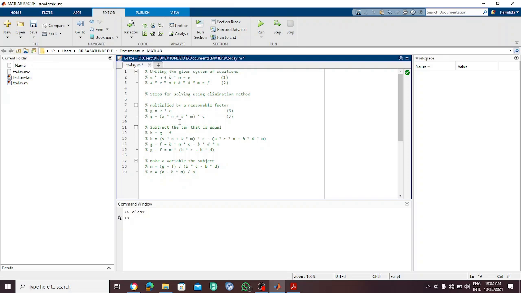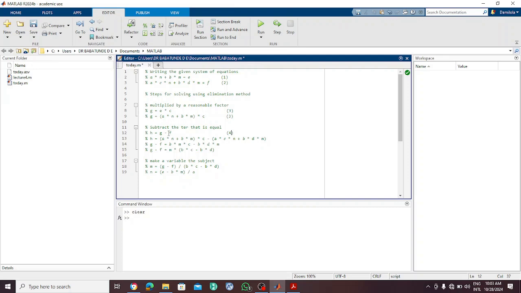That's equation 3, and let me call this equation 4. So since I have values for C and E, I can get my G. I can uncomment my G. Then once I get G, I can get H, right?